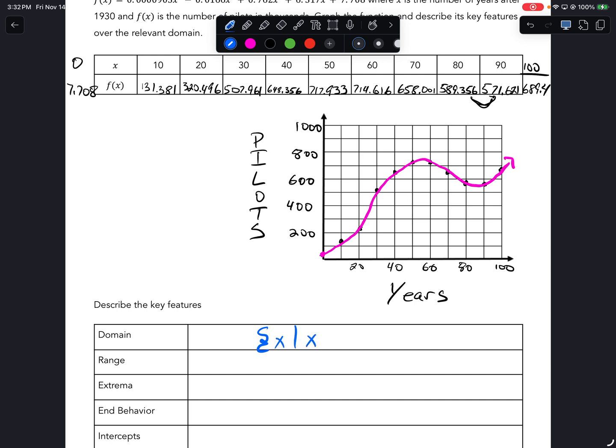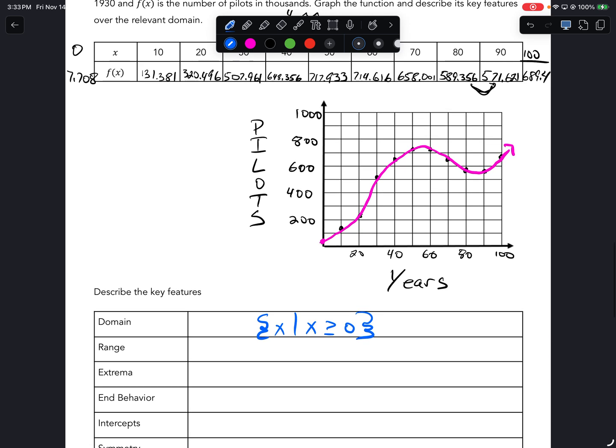Doesn't matter to me. Okay, domain starts at 0 and goes forever. But that'd be a whole lot of pilots too.